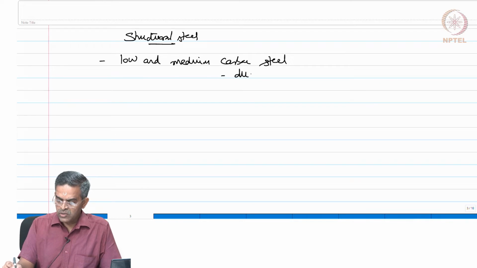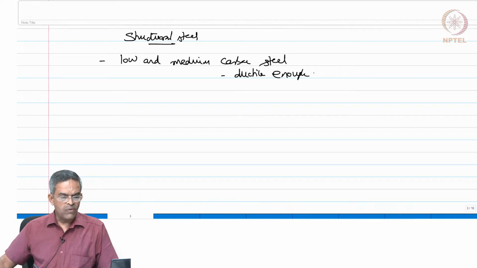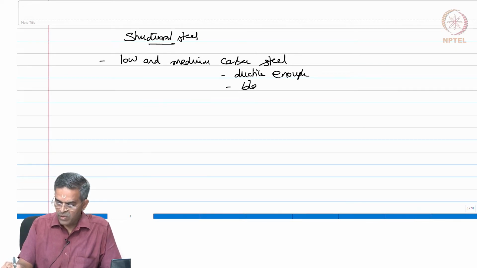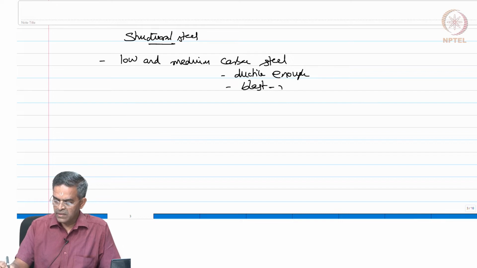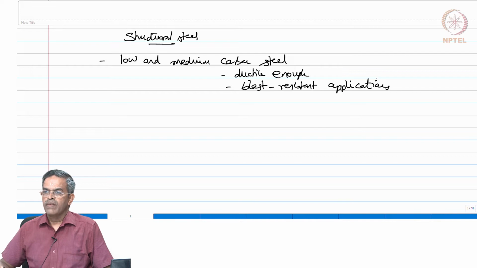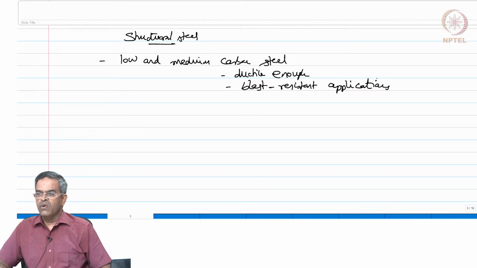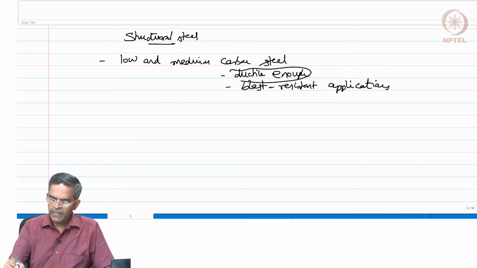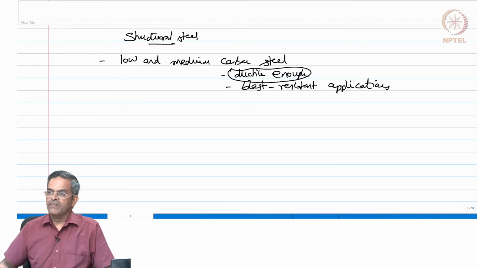We know that these two grades of steel are ductile enough, and therefore they can be used for blast loads, or let us say blast resistant applications, because as I said, the structural form will start yielding on successive cross sections, which will lead to elastoplastic behavior of the material, and therefore we need to look for a material which is having a good ductility under blast loading of the structure.